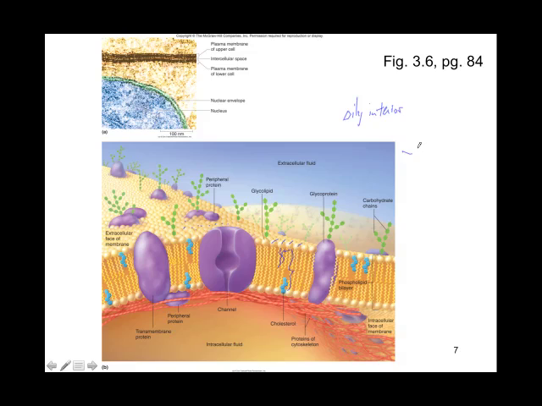Things that are fat soluble are able to very easily pass through the plasma membrane because they can pass through this fatty interior. Things that are water soluble do not pass so easily through that plasma membrane. They actually need to use various transport mechanisms.